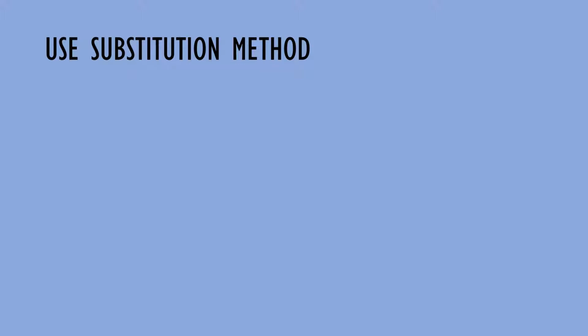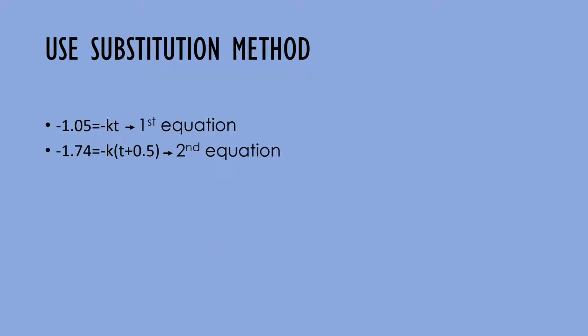And now we use the substitution method. We know that the first equation simplified is negative 1.05 equals negative K times T. And that is the first equation. The second one is negative 1.74 equals negative K times (T plus 0.5). From here we can proceed to solve for K, as we are trying to find T.